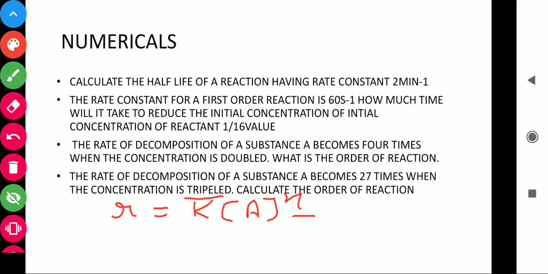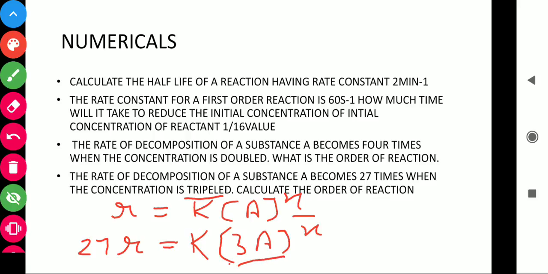On tripling the concentration, A becomes 3A, K to the power X. If it becomes 3 times, the rate becomes 27 times, 27R. If we triple the concentration, how much does the rate become? 27 times. Again we will divide.